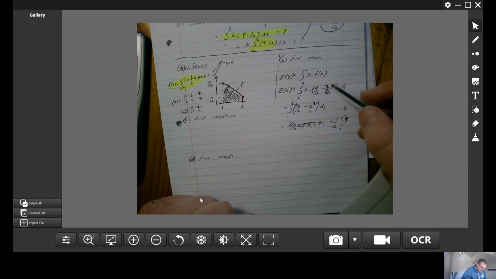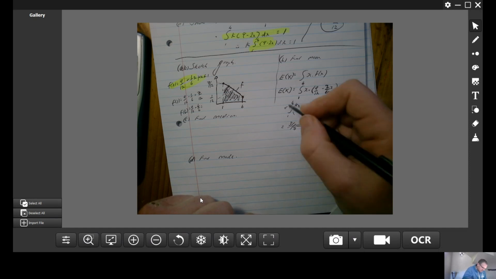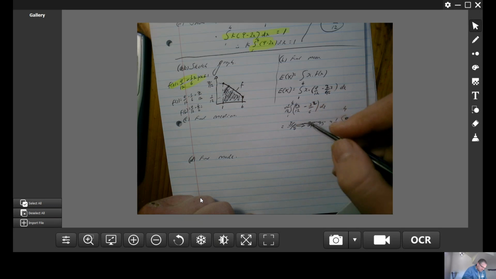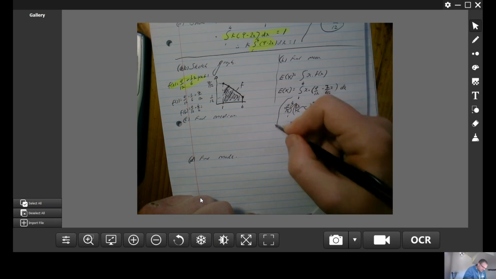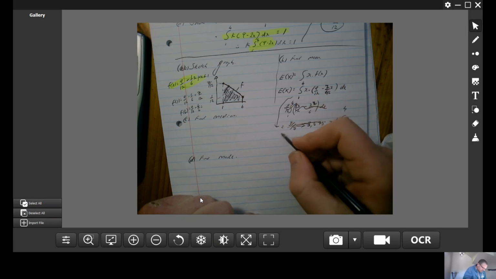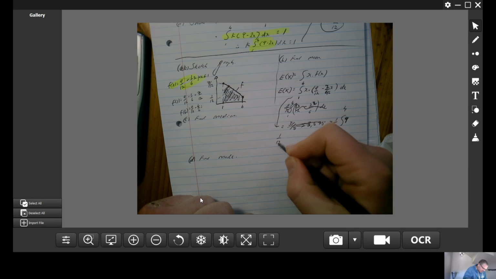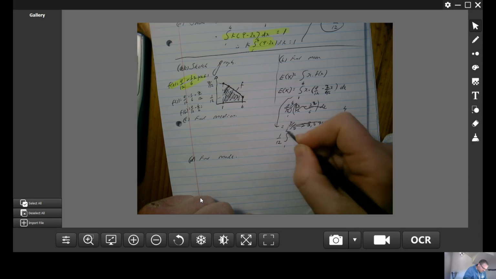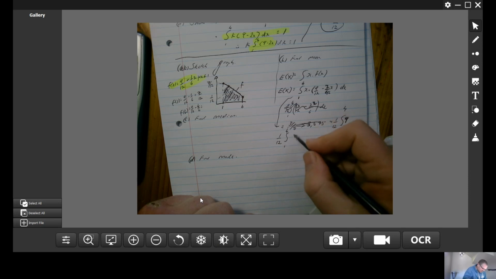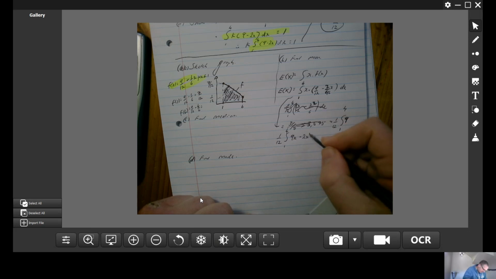I should be right. If we took out a constant, it shouldn't make a difference. You'd have a 12th times the integral between 1 and 4 of 9x minus 2x squared with respect to x. That's what they had as well.